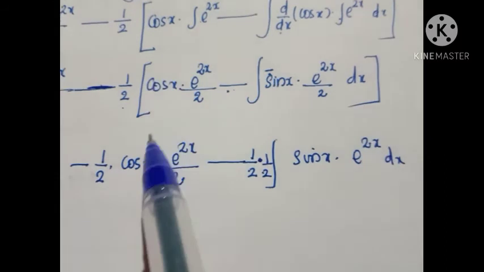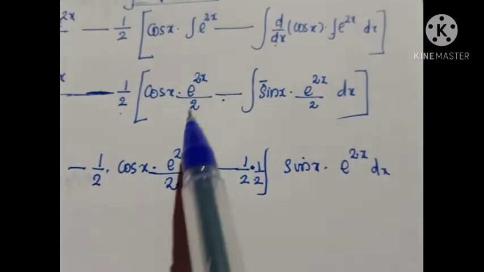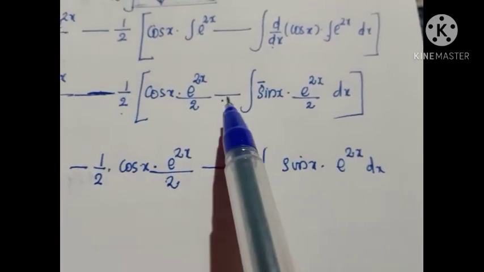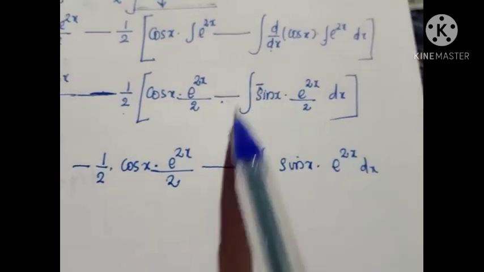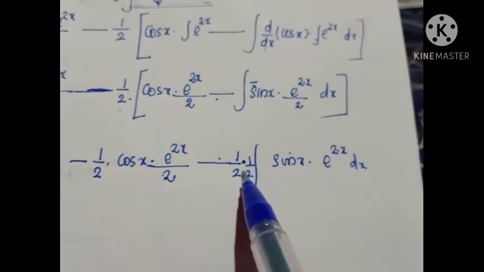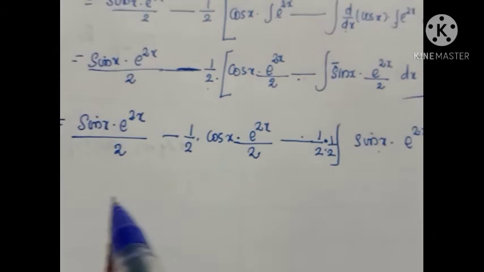Negative 1 by 2 into, open the bracket. So minus 1 by 2 into cos x into e raised to 2x by 2. Minus 1 by 2 into minus. Minus into minus plus. Again this minus. So minus 1 by 2 and this 1 by 2 integral sin x into e raised to 2x dx.